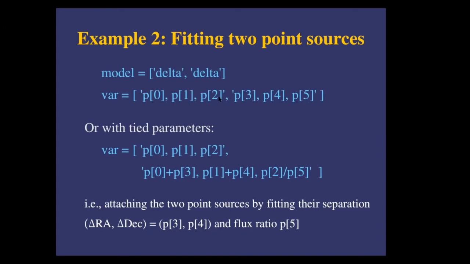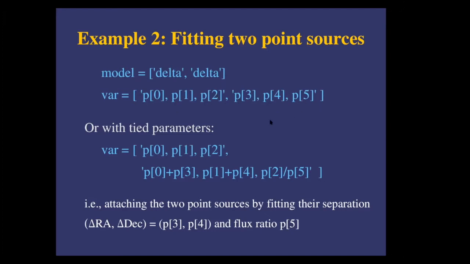So this is the list as in the previous example for the first source. And then now is the same set of 3 parameters for the second one, okay? And now you have 6 parameters in total. So I set them all, 3 parameters each, and the fit with UVMultiFit will fit for all their values.